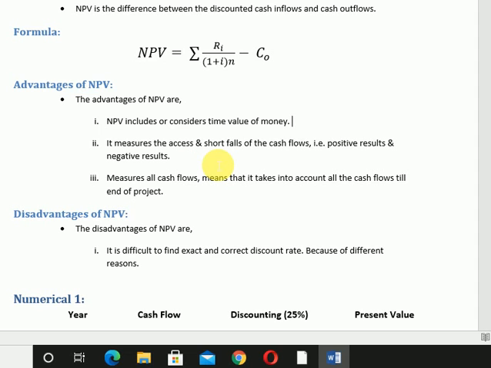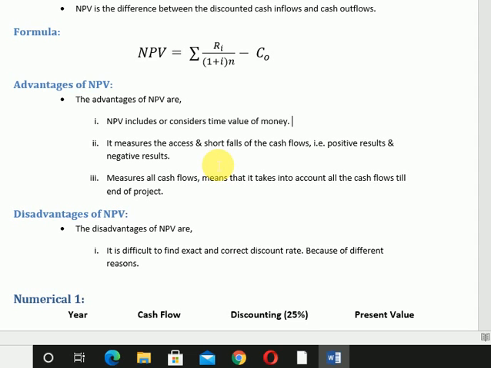The excess means that when we calculate NPV, the difference between the discounted cash inflow and the initial investment of the project comes positive. So it means that our cash inflow is in excess of cash outflow. Clear?